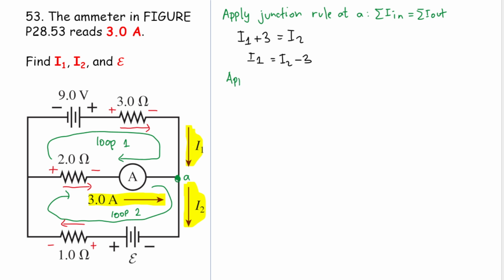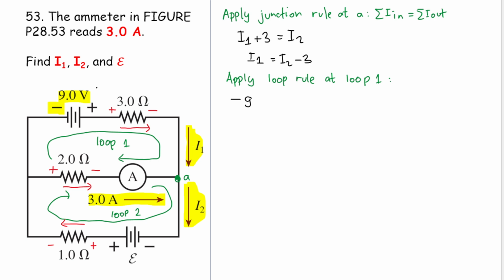Okay, let's apply the loop rule at loop 1. How to apply the loop rule at loop 1? Let's start from this 9-volt battery. Here the loop goes clockwise and enters from the negative terminal. So I will have a negative sign and then the voltage, 9 volts, so minus 9.